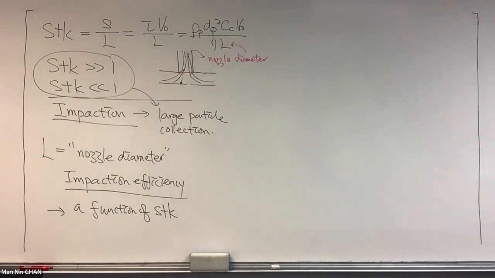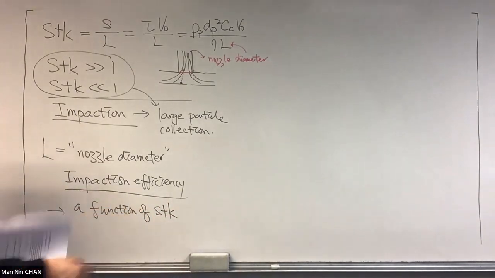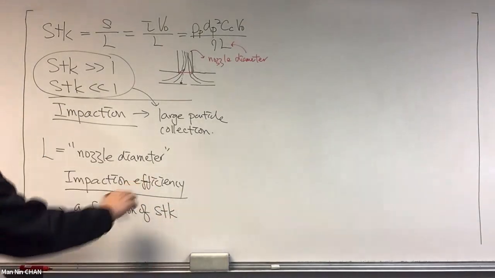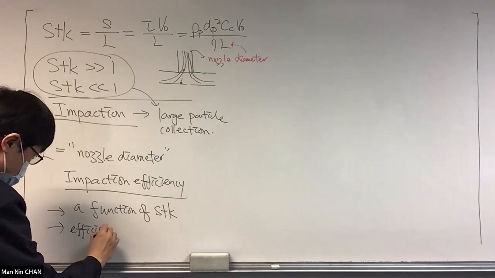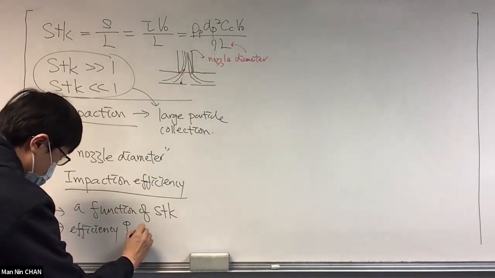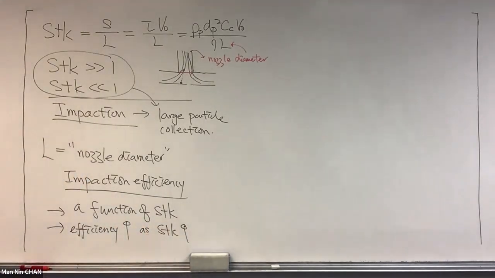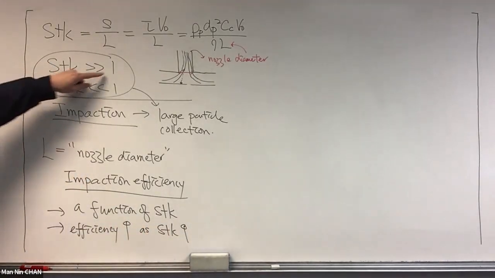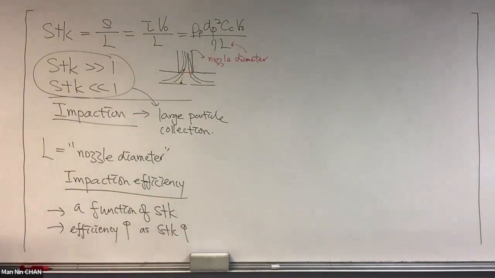And you can imagine, when your Stokes number increases, your efficiency will also increase, because as the Stokes number becomes larger and larger, you can collect the particles more efficiently.